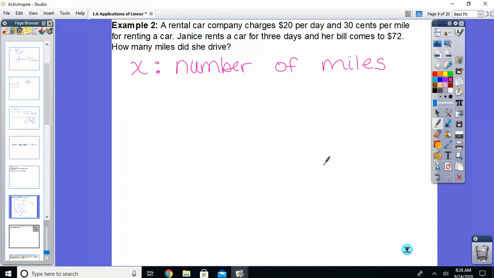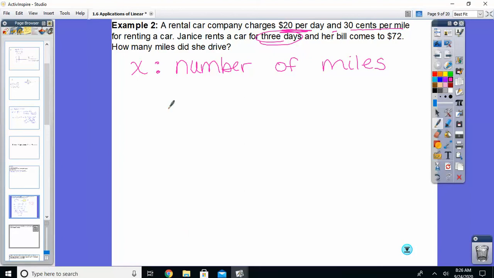Okay, now let's go back and read. So they charge $20 per day and 30 cents per mile. So we can write an equation from this. How many days did she rent the car? 3. And she has to pay $20 every one of those days. So what would I do?